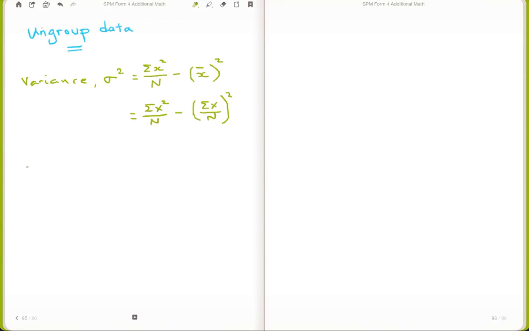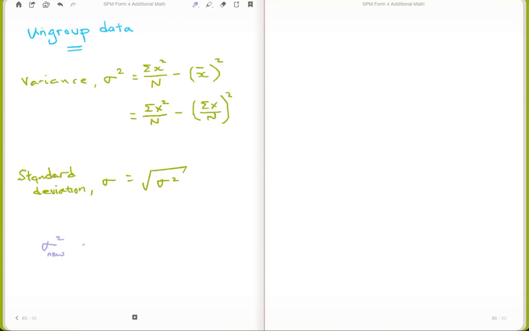Whereas standard deviation is the square root of your variance. Okay, if you get this, you should be able to get your standard deviation. Right? There are certain instances where you need to look for your new value of variance.